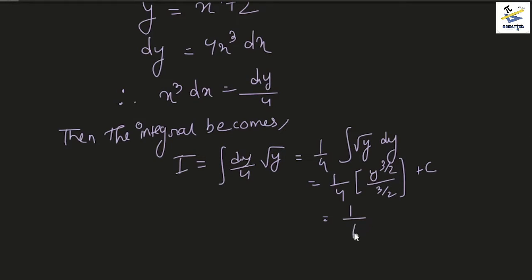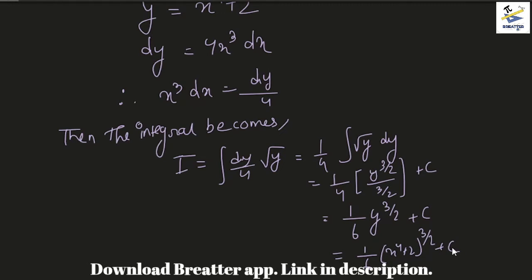So the answer is 1 by 6 y to the power 3 by 2 plus c, and if you substitute y back, where y was x to the power 4 plus 2, the answer is 1 by 6 into x to the power 4 plus 2, whole to the power 3 by 2, plus c, which is the answer for our integral.